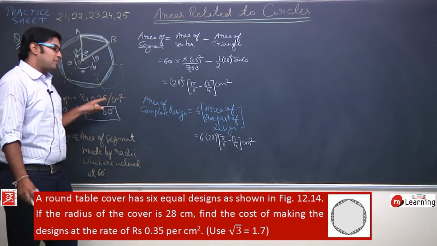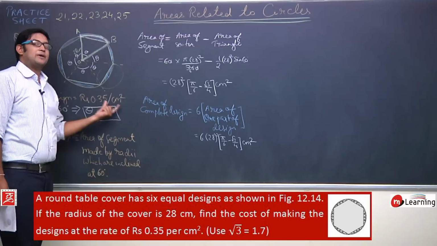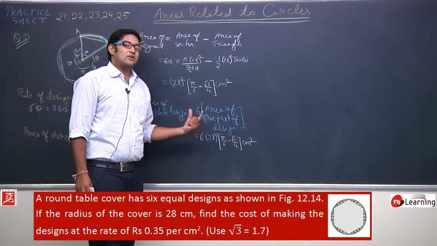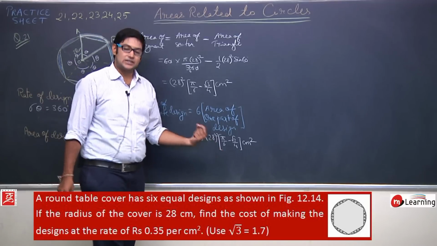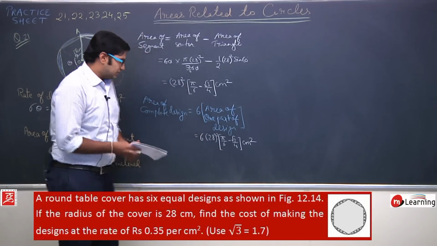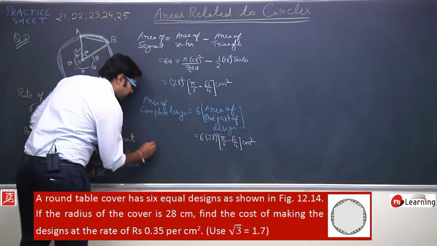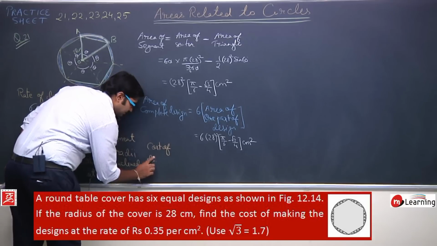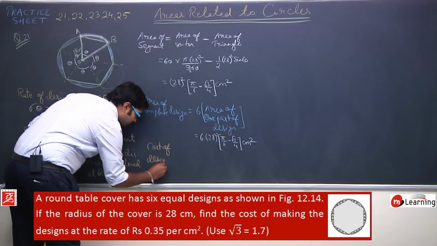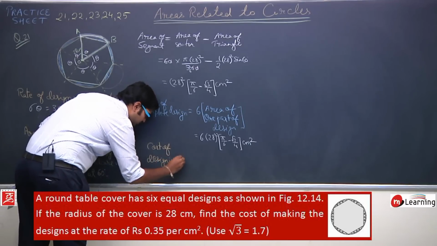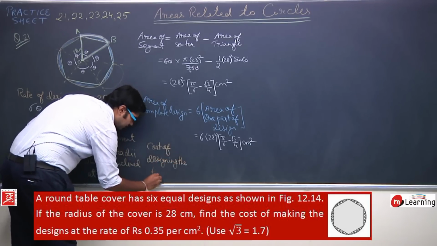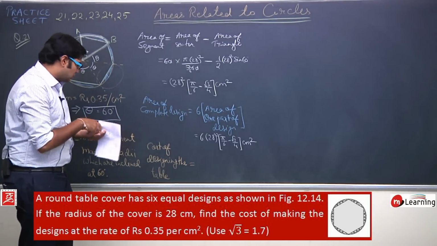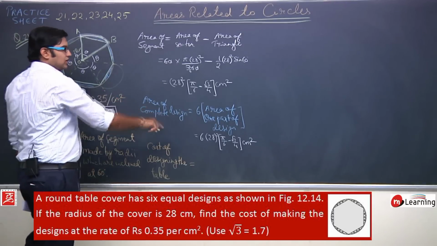It's very simple. If you bought potato in the market at 35 rupees per kg, and if you bought 10 kg of potato, then it will cost you 35 into 10, that is 350 rupees. So in this way, the cost of designing the table is equal to this much rupees into the total area.